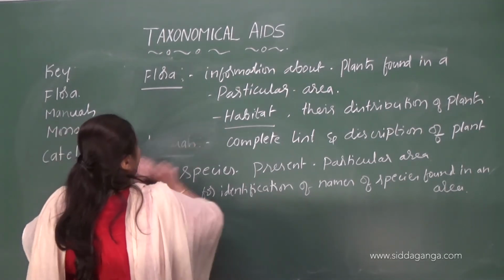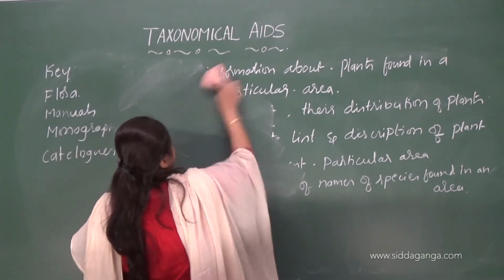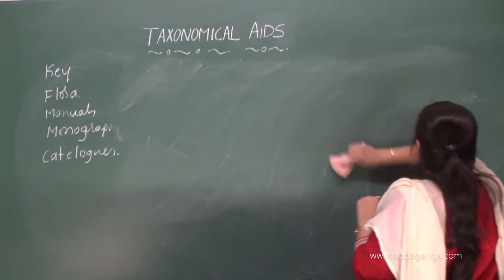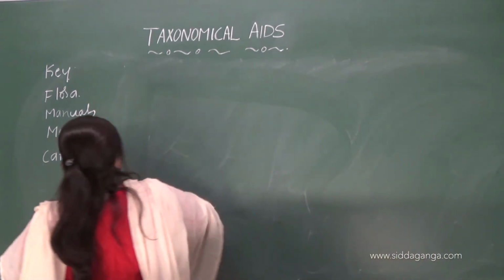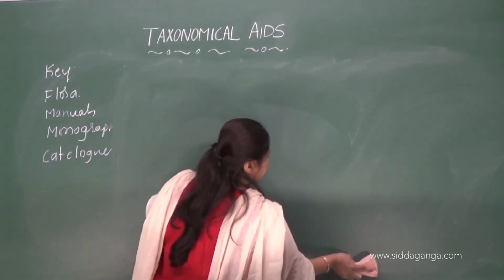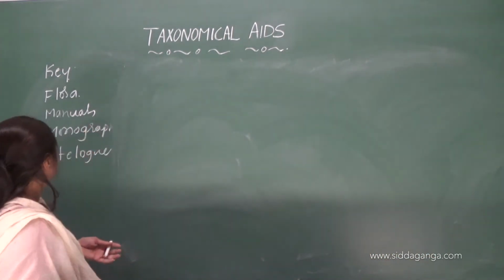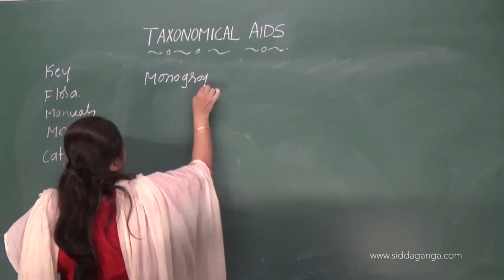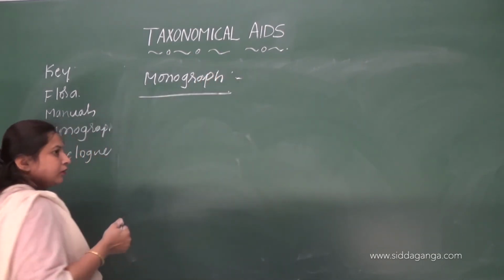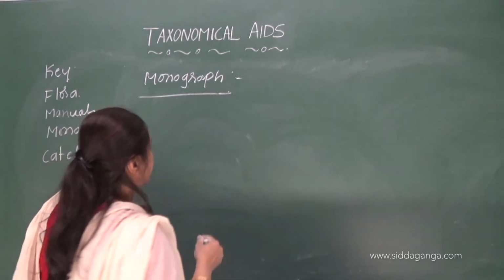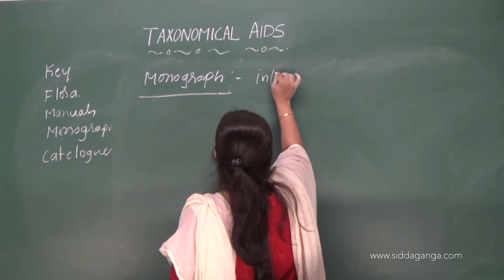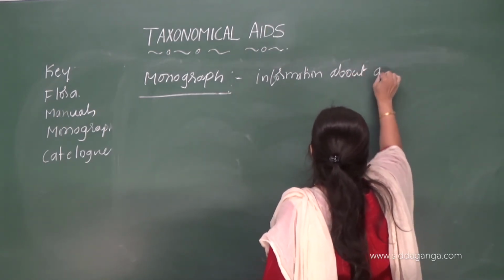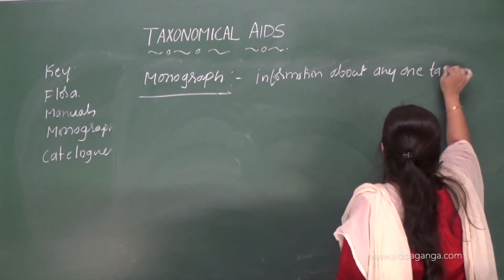Okay, then the next is monograph. So a monograph contains information about any one taxon.